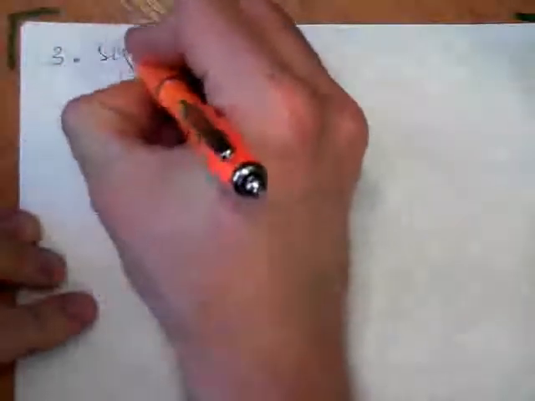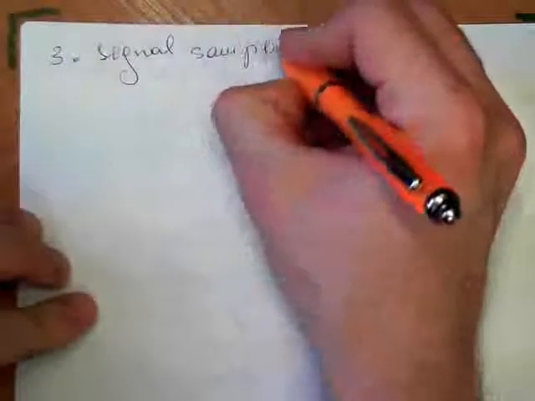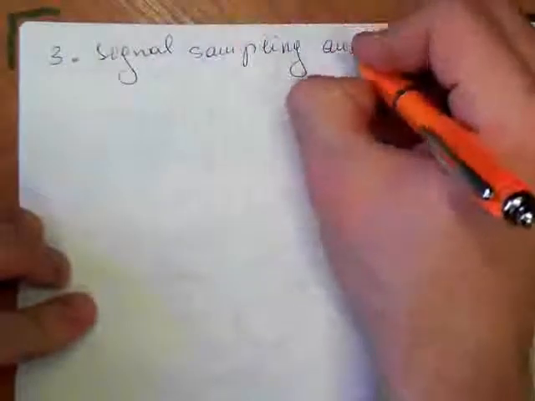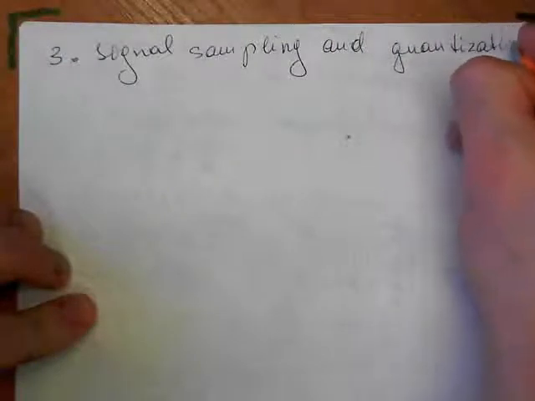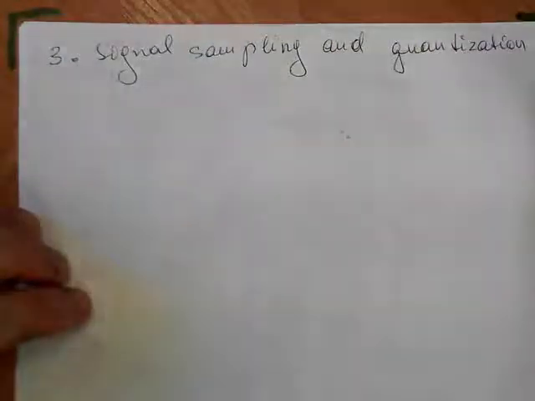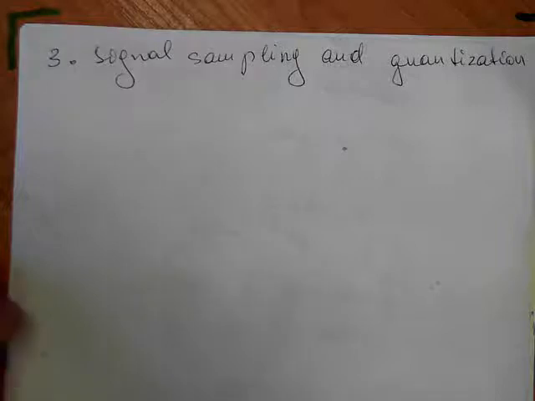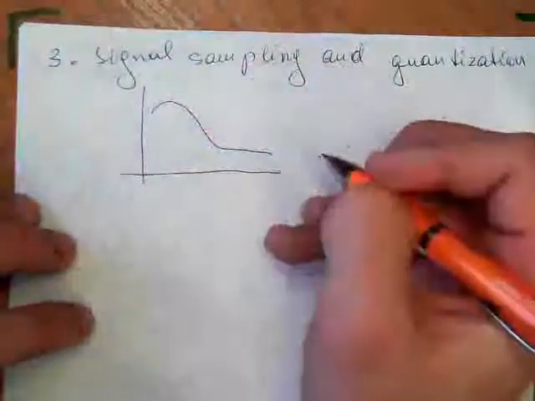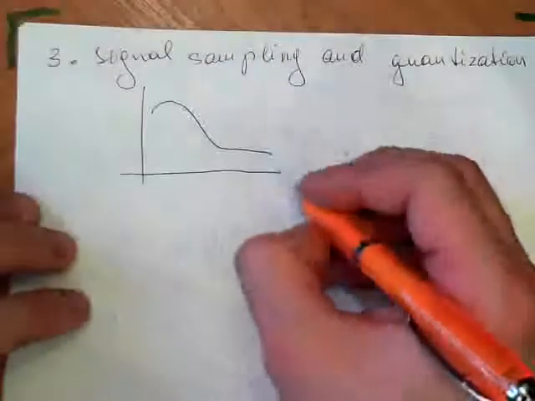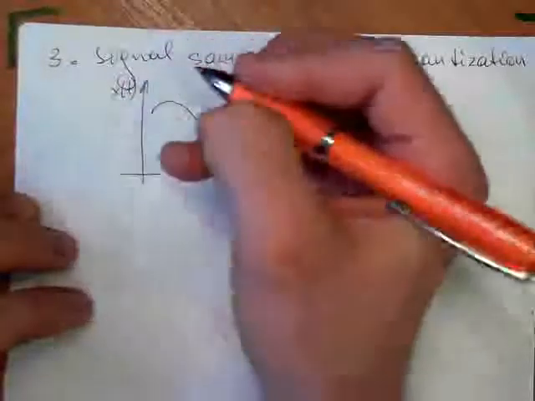Number 3, signal sampling and quantization. So what is signal sampling? Signal sampling is when we have a continuous time signal, some kind of continuous time signal where we have here t and this is x(t).